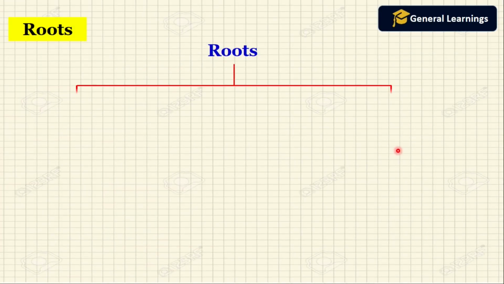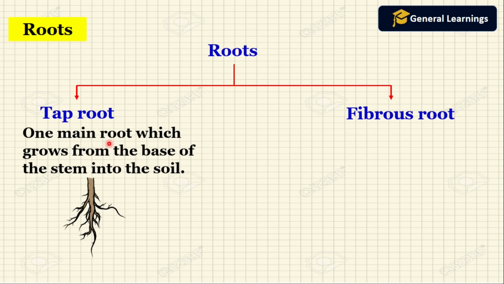Again, root is divided into two types. One is taproot and another one is fibrous root. First we will see what is taproot. The taproot has one main root which grows from the base of a stem into the soil, as we have shown in this picture.